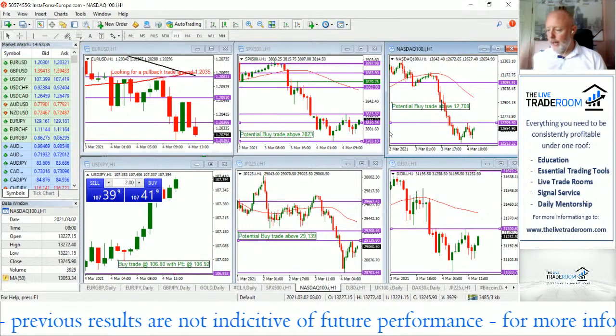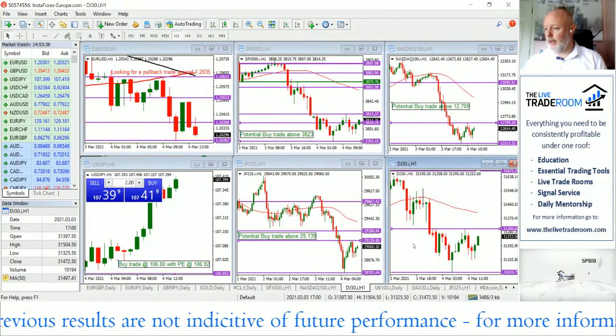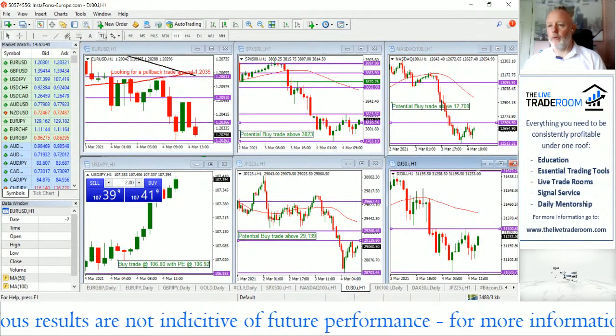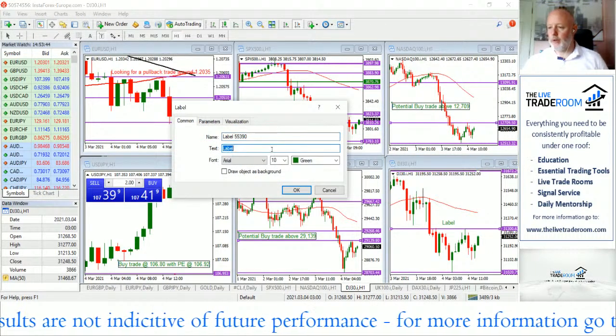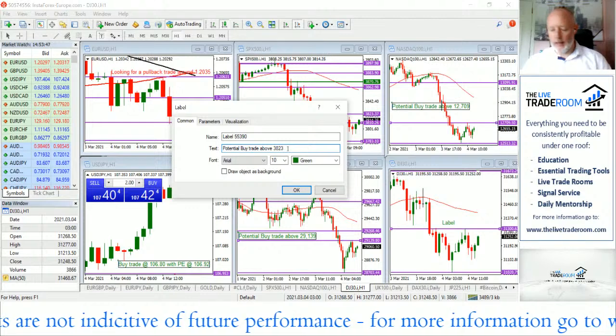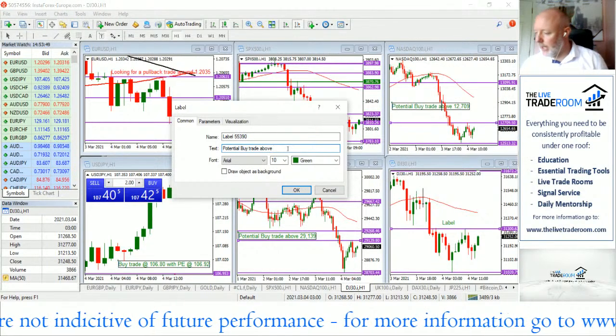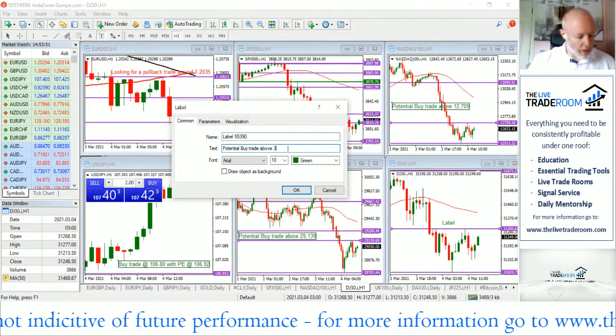Okay, we'll stick that in there. And last but not least, the Dow Jones. We'll see if this is a good, strong, viable opportunity for us. And the level in the Dow Jones is the 31,300.